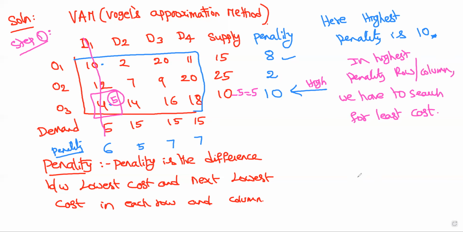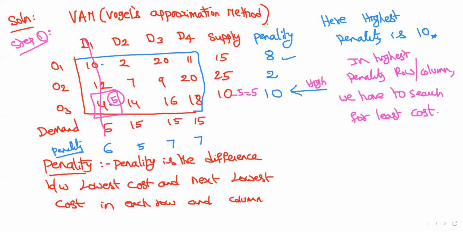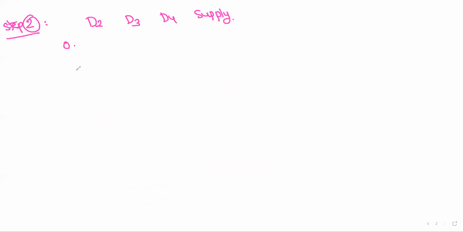The new reduced table is step 2. What is left here? D2, D3, D4 and supply, and here we have O1, O2, O3.